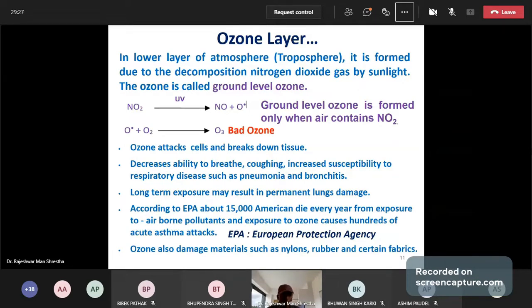And ozone also damages materials like nylon, rubber, and certain fabrics. So from these effects, ozone in the ground level is known as bad ozone. It is also called ground level ozone, or tropospheric ozone.